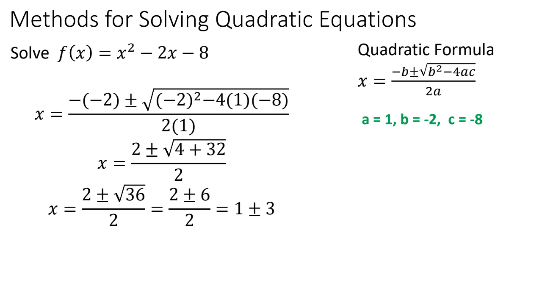So the square root of 36 I know is 6. Okay, so here, when we do the 2 plus or minus 6, I can have 2 plus 6, which is going to give me 8, and then I'm going to divide by 2, and then I have 2 minus 6, which is going to give me negative 4, and then I'm going to divide by 2.